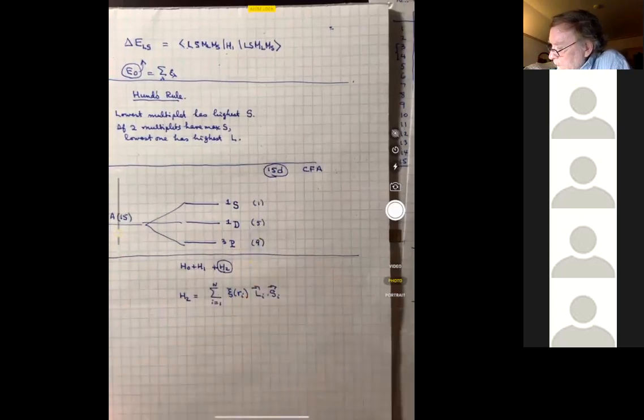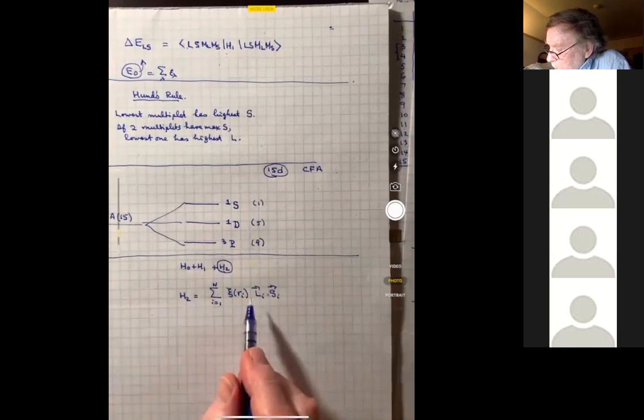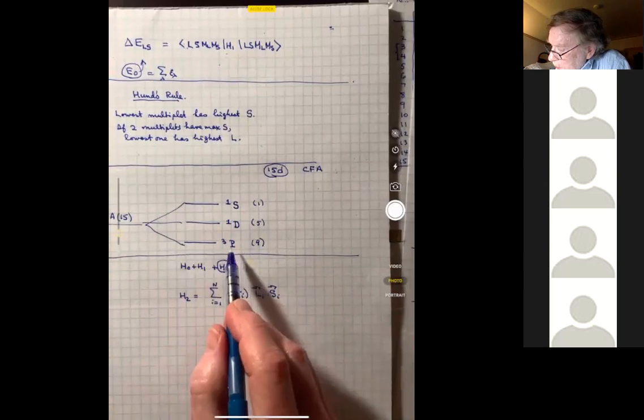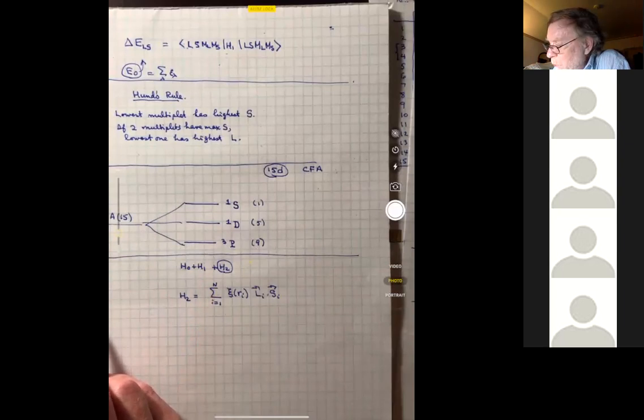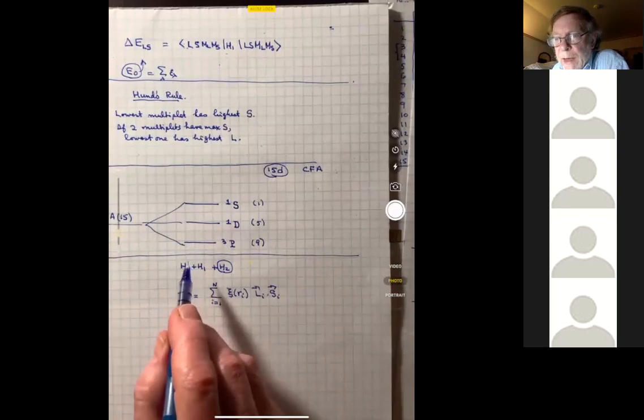So what H2 is going to do, potentially anyway, is split these substates even further. And in accordance with the general methods of degenerate perturbation theory, we need to think about degenerate perturbation theory in analyzing this problem.